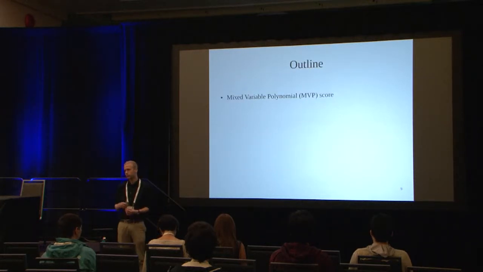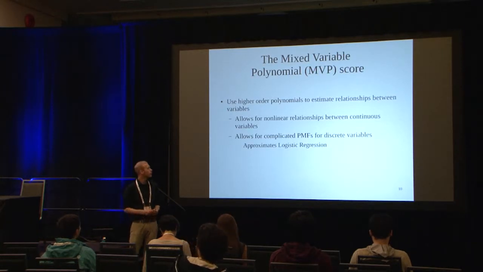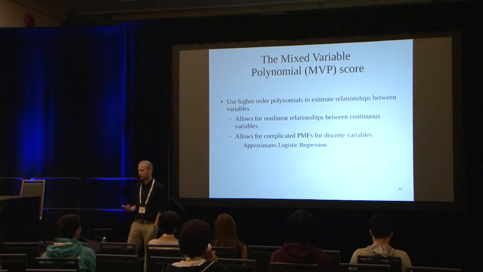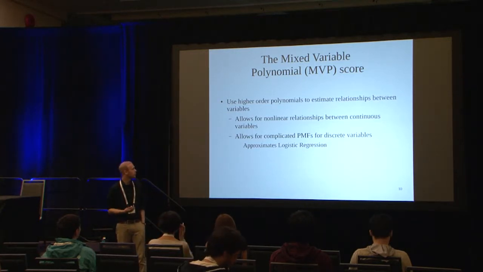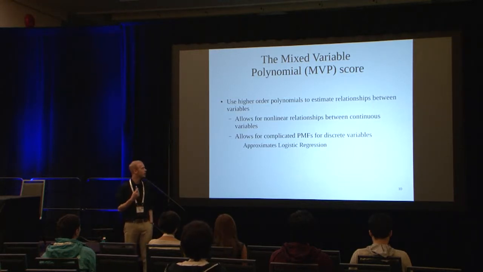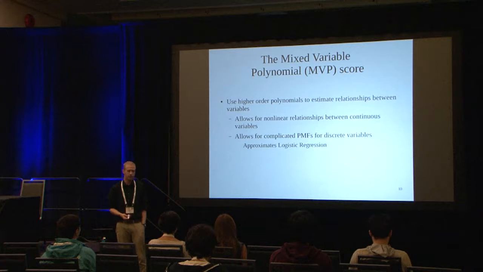Okay, so going on to the first of our two scores, the mixed variable polynomial score. What we're going to do here is try to use higher order polynomials to approximate relationships between the variables in the network. In the continuous case, this is going to allow us to use nonlinear relationships.